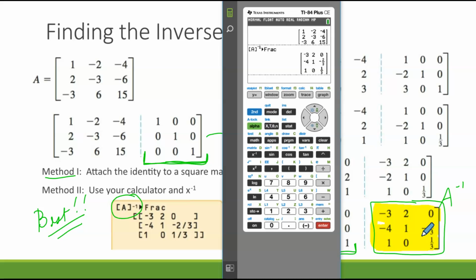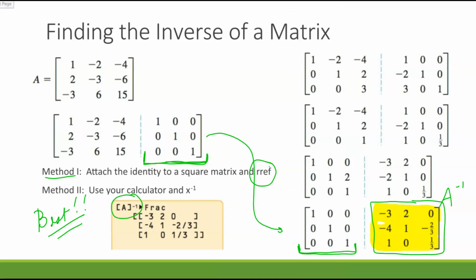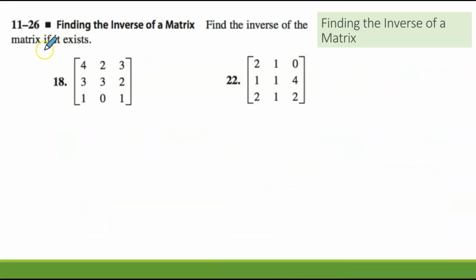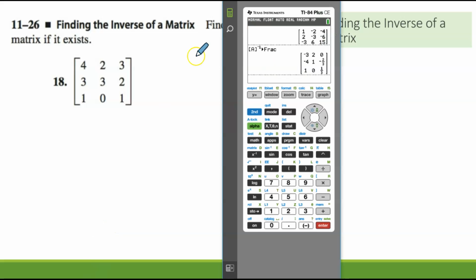Okay, so we're finding the inverse. We only have one of the matrices. We want to find the inverse of that matrix if it exists. So we hit second matrix edit. We put in our 3 by 3 matrix.